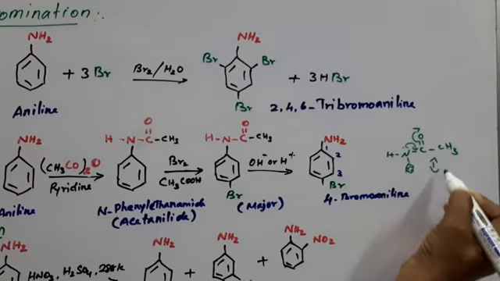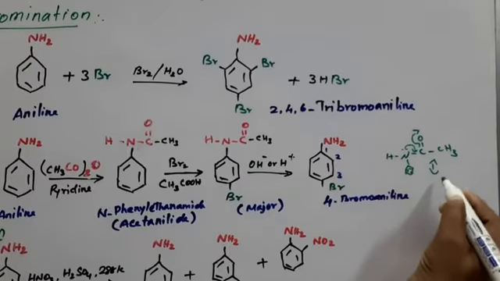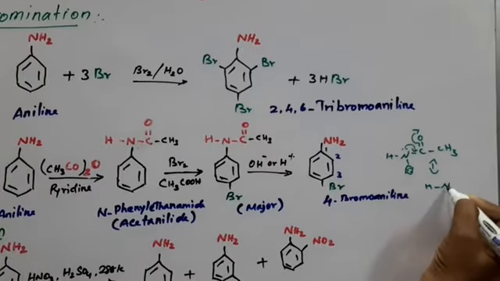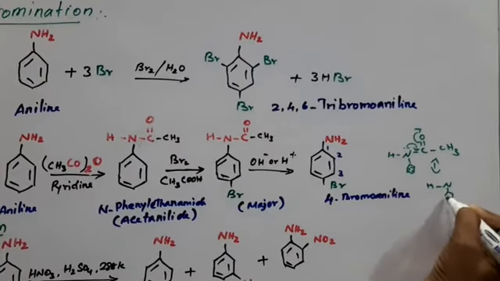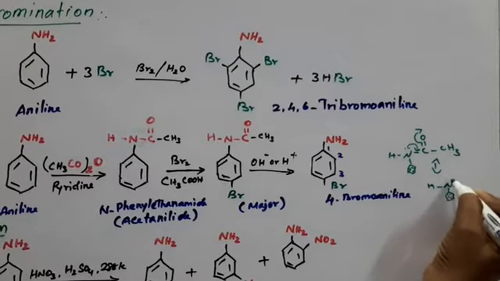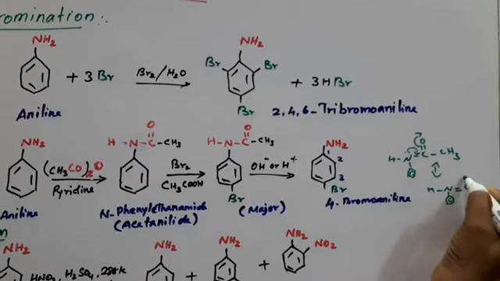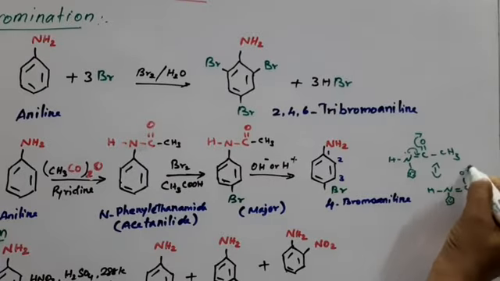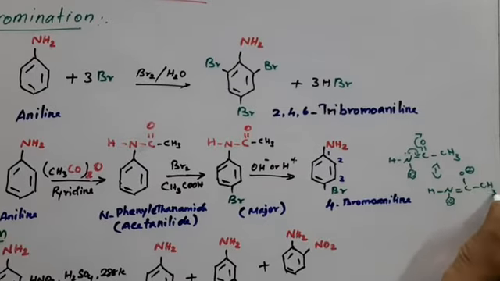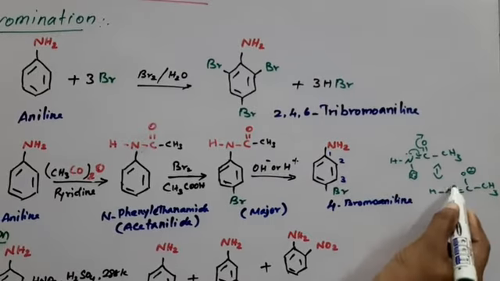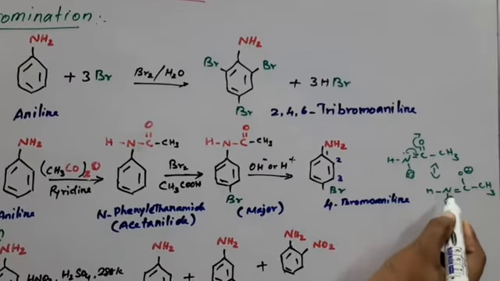So it undergoes resonance. H N with the benzene ring here, and this double bond creates C and bond O minus CH3. This is the resonance structure. So here there is no availability of electrons.